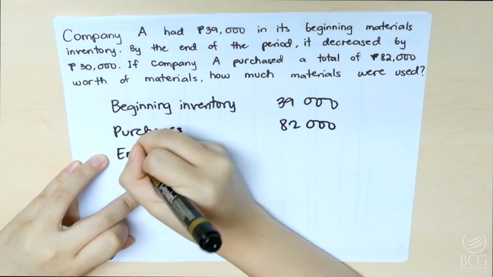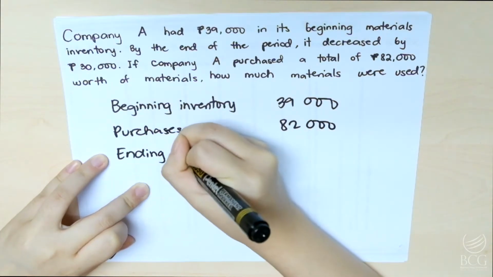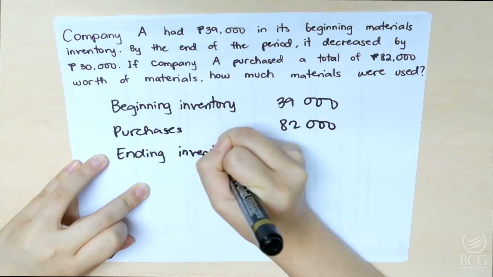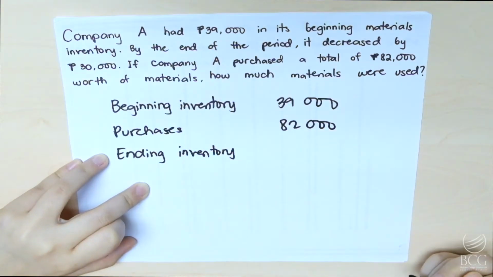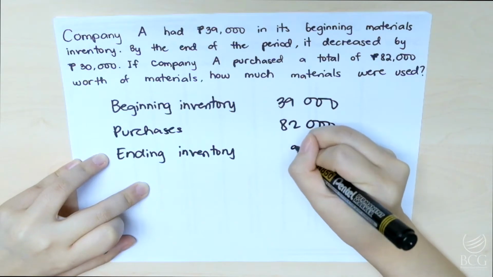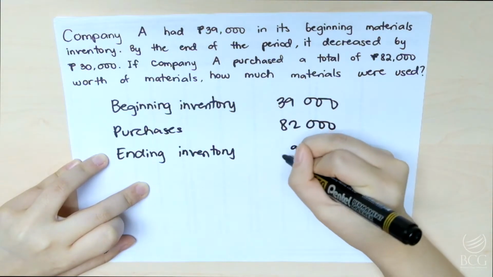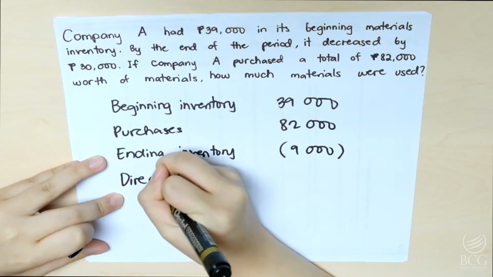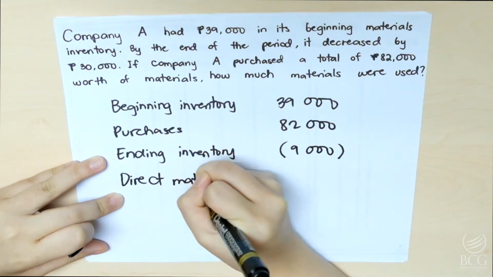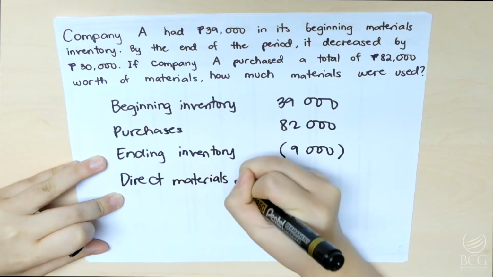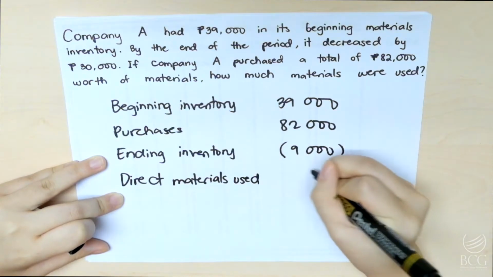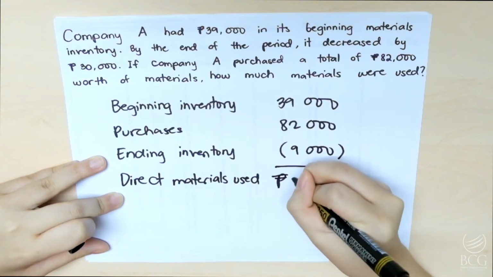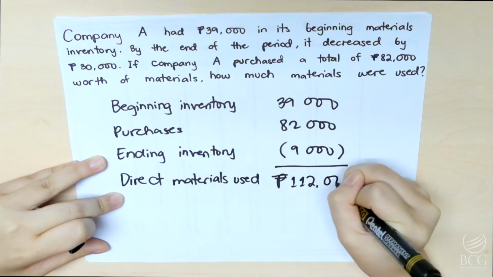And the ending inventory is 39,000 less 30,000, so it's 9,000. From here, we can solve for the direct materials used, which is 112,000 pesos.